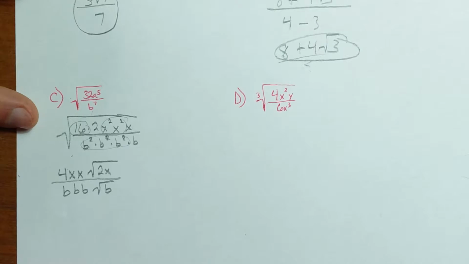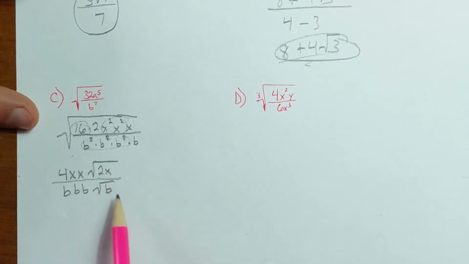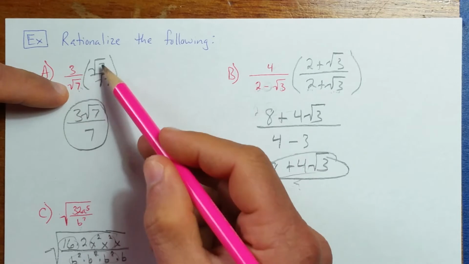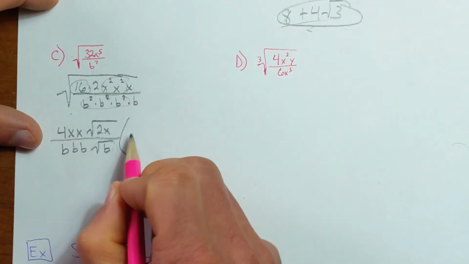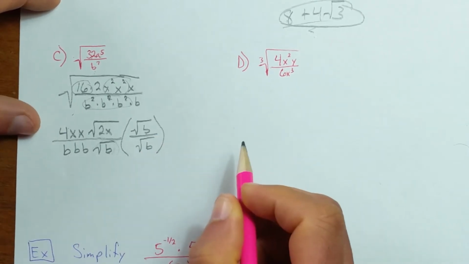Alright, so I did the simplifying in terms of taking out whatever I could. I still haven't rationalized because there's still a radical on the bottom. Same concept that you did up here. Whatever was in the denominator, just multiply both numerator and denominator by it. So because it's b, I'm going to multiply by the square root of b over the square root of b.